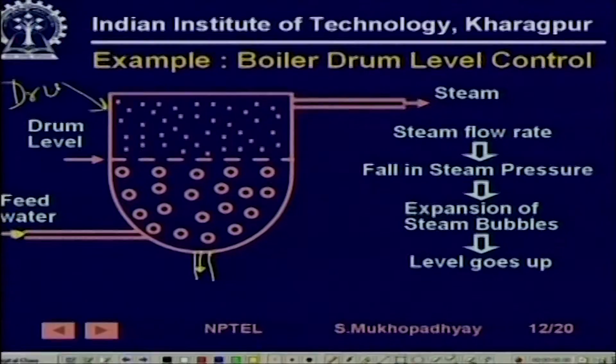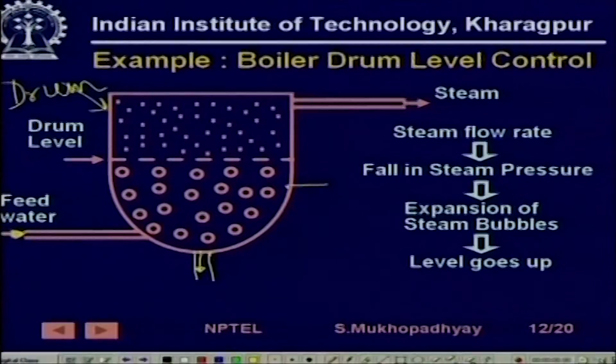It is basically a big horizontal tank situated right on top, very high above. I mean, typically a power station boiler is about 3 stories high and the drum is on top of that. If you want to see it, you have to go up a number of stairs. So, without going into much detail of boilers, the water enters here.